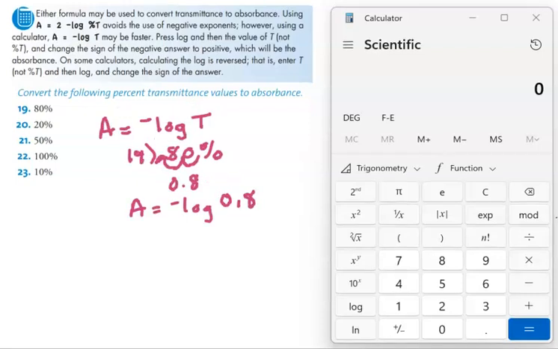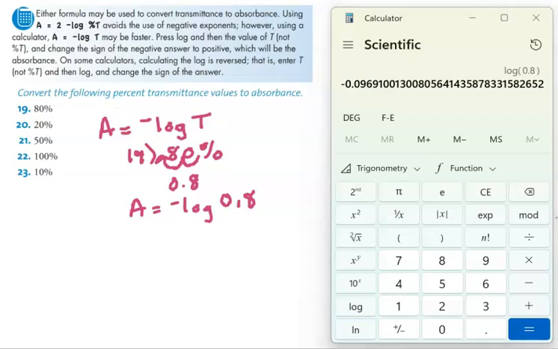So remember, when we're plugging into our calculators, we have to plug in our T first, then hit our log key, and then we're going to have to change the sign once we find our answer. So our T is 0.8, so 0.8 into our calculator, and then we're going to hit our log key, and that's going to give us our answer of negative 0.0969.